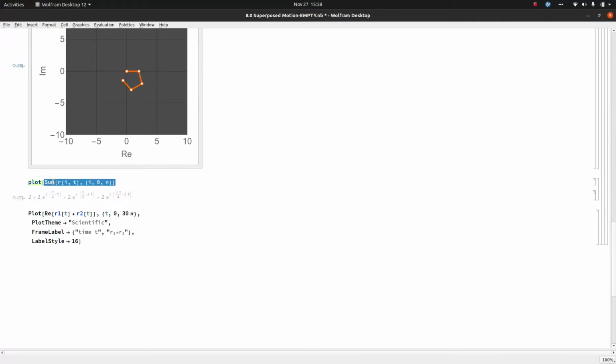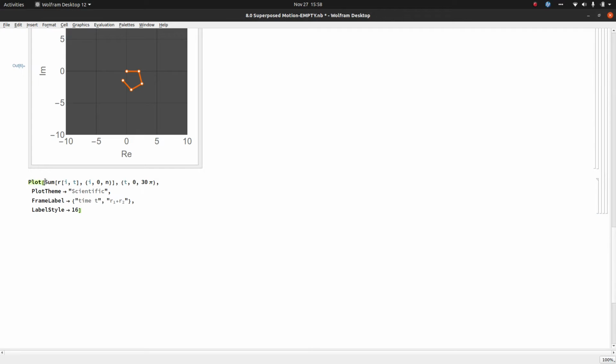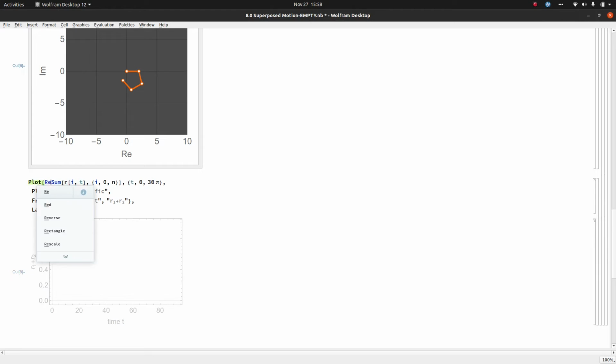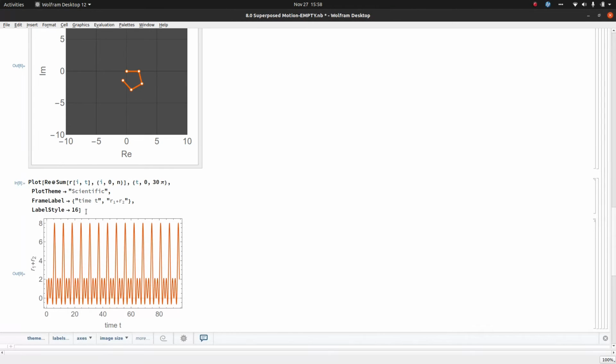Take this. This is what we want to plot. And as before, if I try to plot this, I'm going to get nothing because I want the real part of it. And you can see we start to get interesting patterns there.